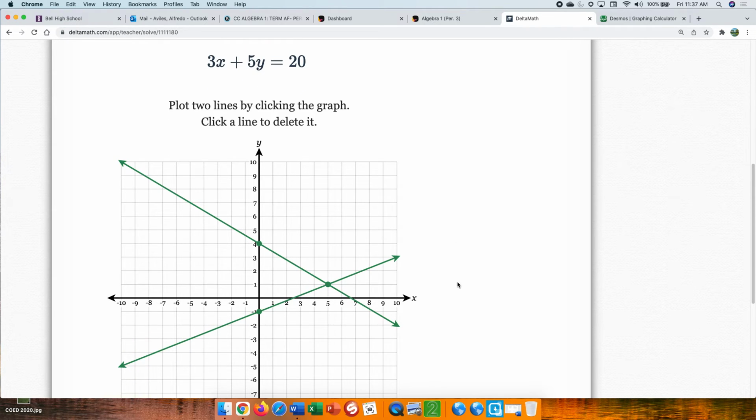Anybody solve it for y already? How do you solve that for y? Correct. -3 over 5x plus 4.